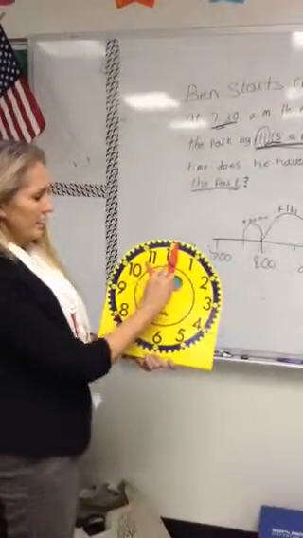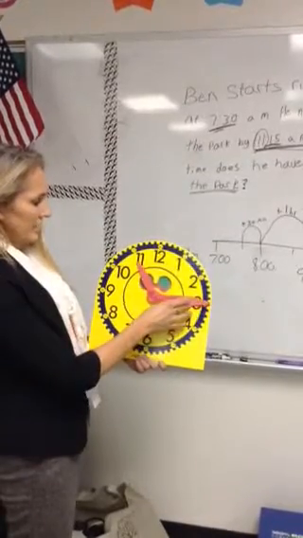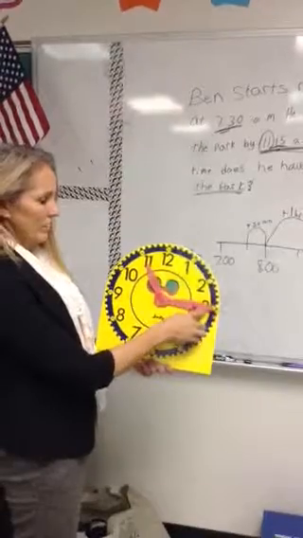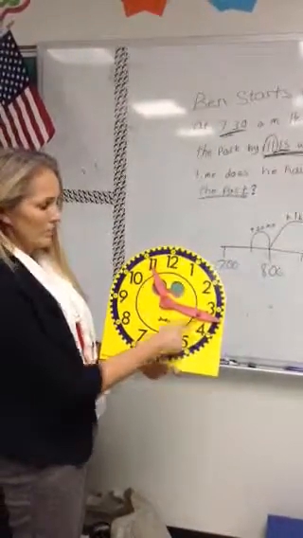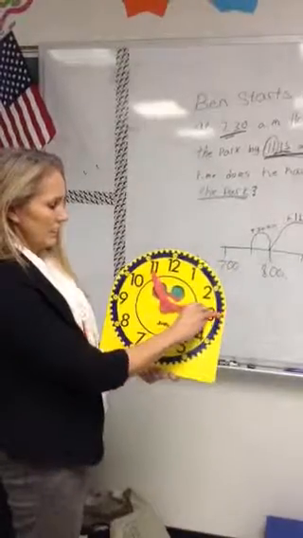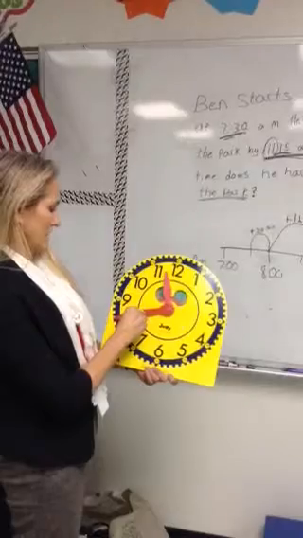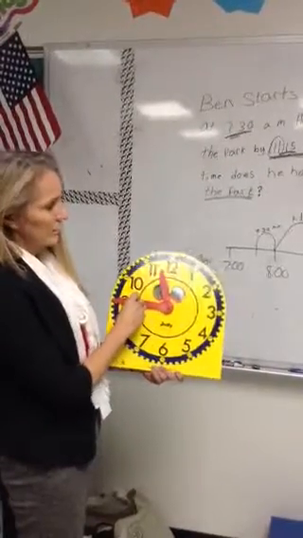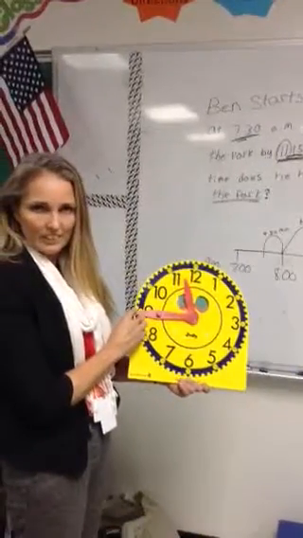But we're not ending at 11, we're ending at 11:15. So we have 11, so that's 3 plus 15. But remember, we started with 30 minutes, so we have to add those 30 minutes to that 15 minutes. So let's add that 30 to the 15. That gives you 45. So you have 3 hours and 45 minutes. That is your elapsed time.